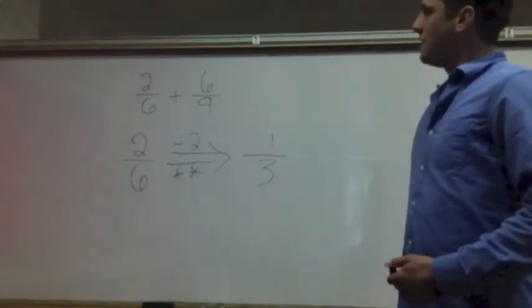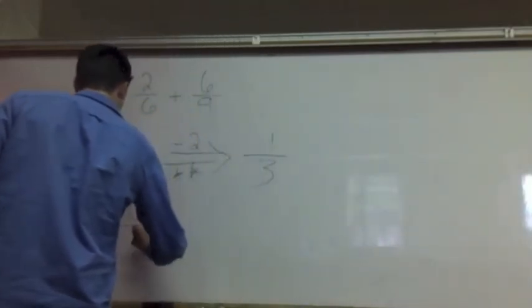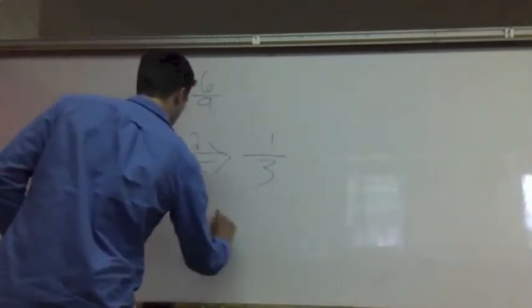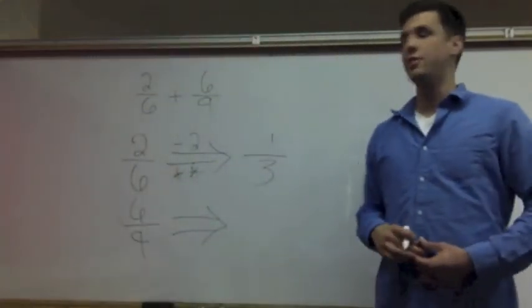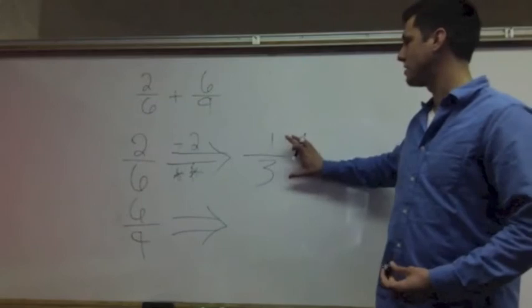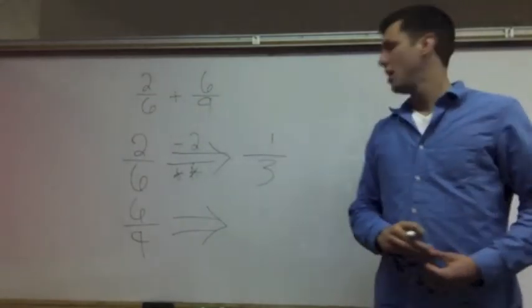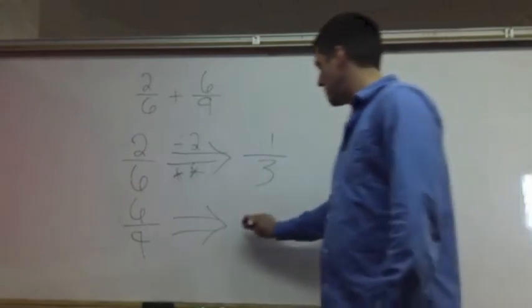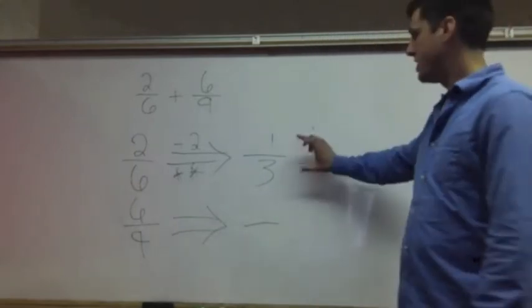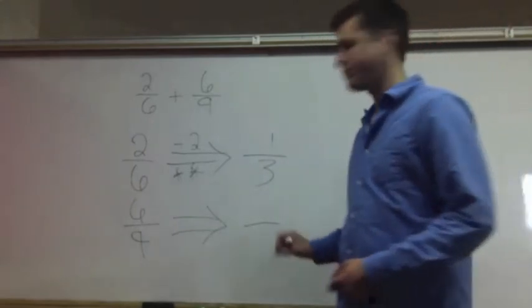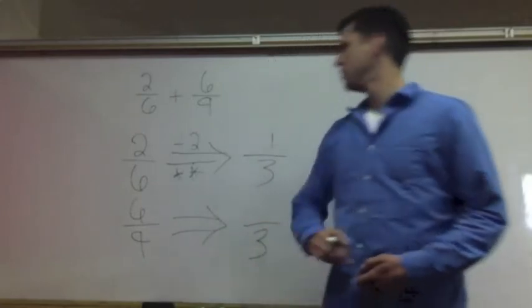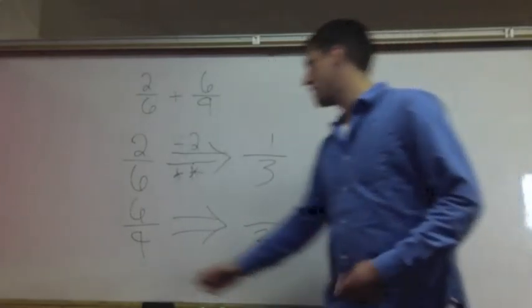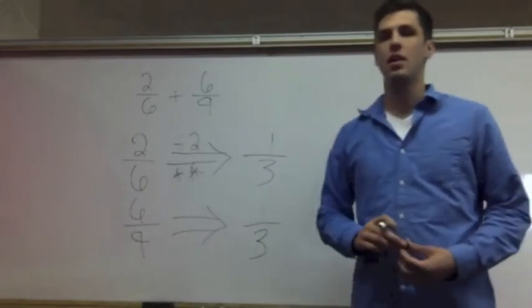Now let's find our other fraction, 6/9. I'm going to use the change factor for this to make it into a similar fraction to this one up here. I want the bottom of this new fraction to be a 3 because I need a 3 in order to add it to this one. So what change factor will take us from a 9 to a 3?